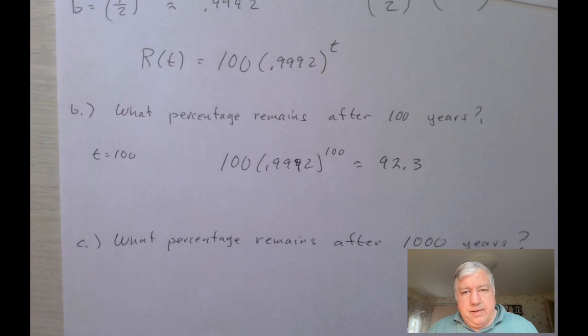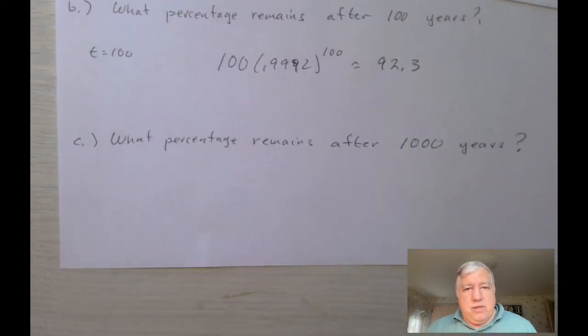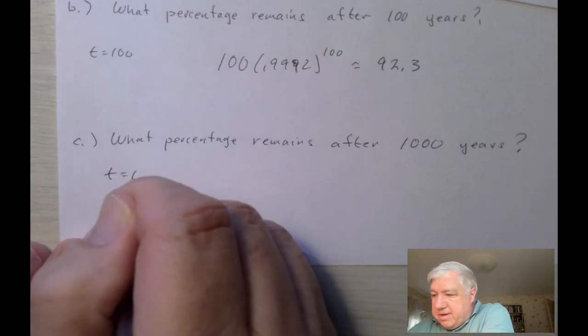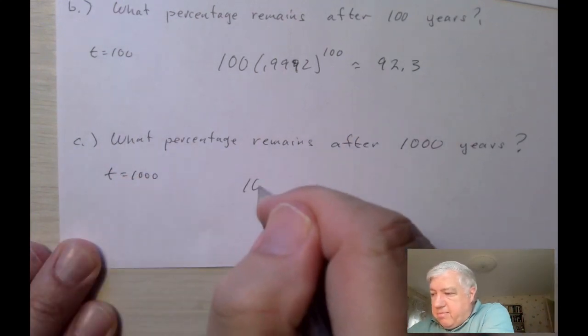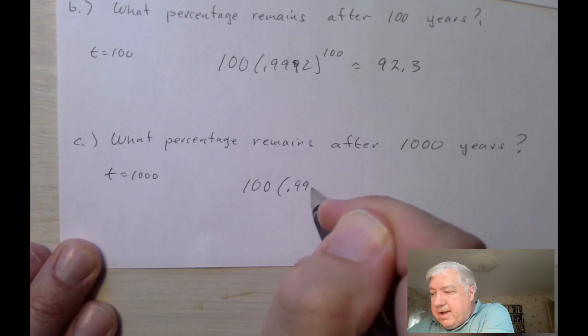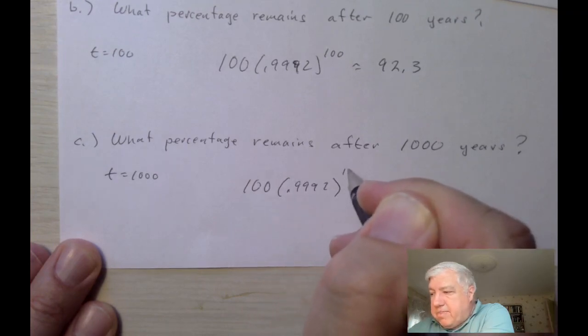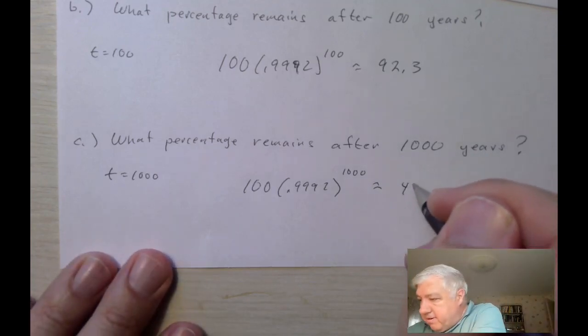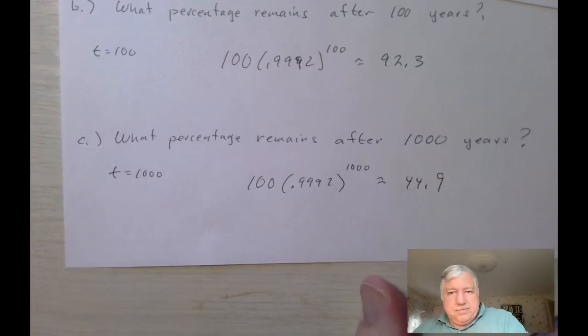Okay, and then if you want to see what percentage remains after 1,000 years, you just plug in t equals 1,000, and you get 100 times 0.9992 raised to the 1,000th power, and that's approximately 44.9%.